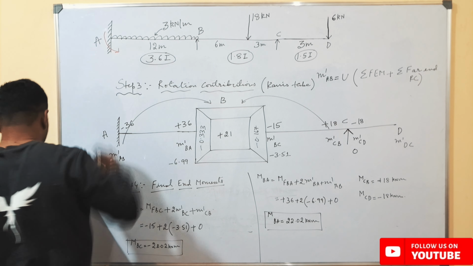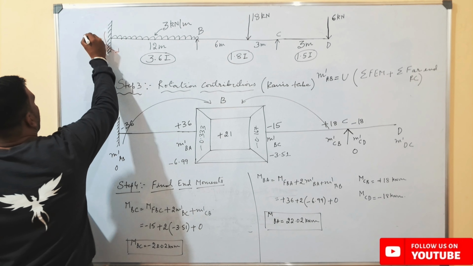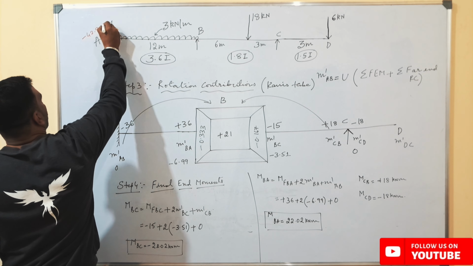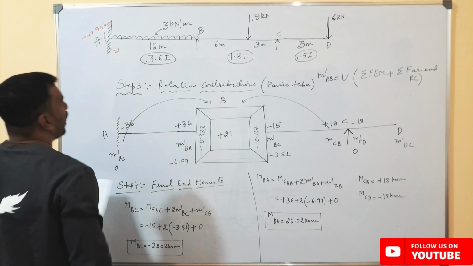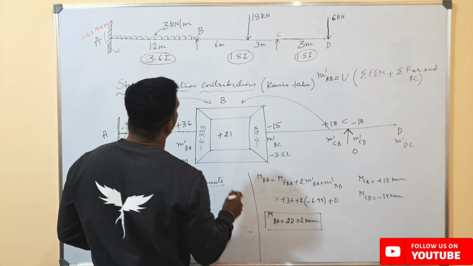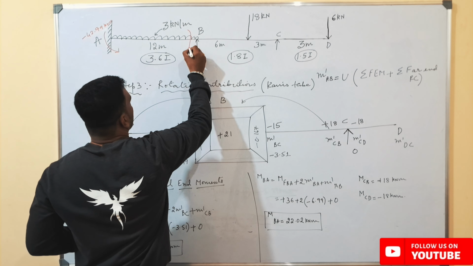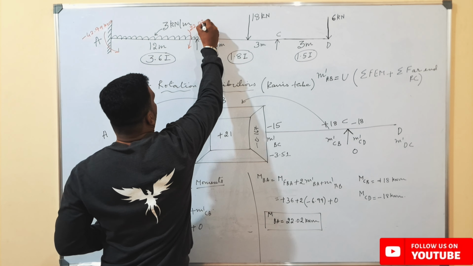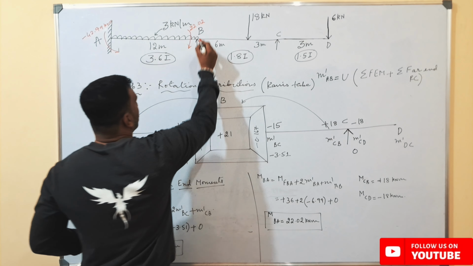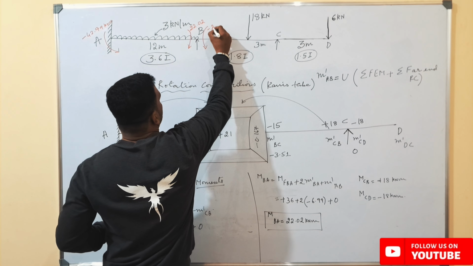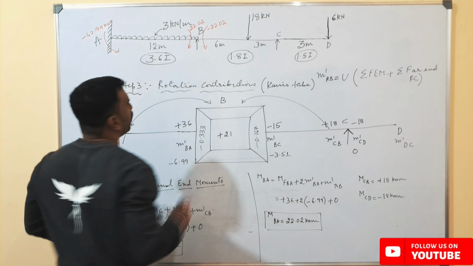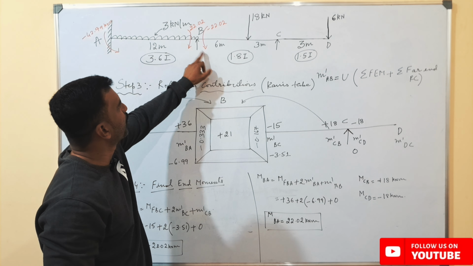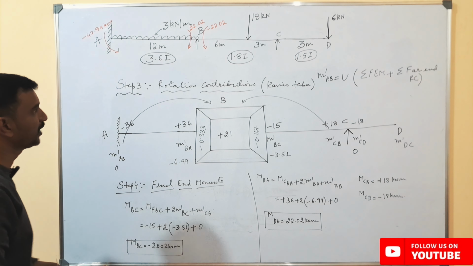The final end moment we have got here is minus 42.99 kilonewton meters, and from B to A we have got here plus 22.02, and from B to C we have got minus 22.02. So we can see here about this point B, the final end moments are equal and opposite in direction. That means our calculation is correct.